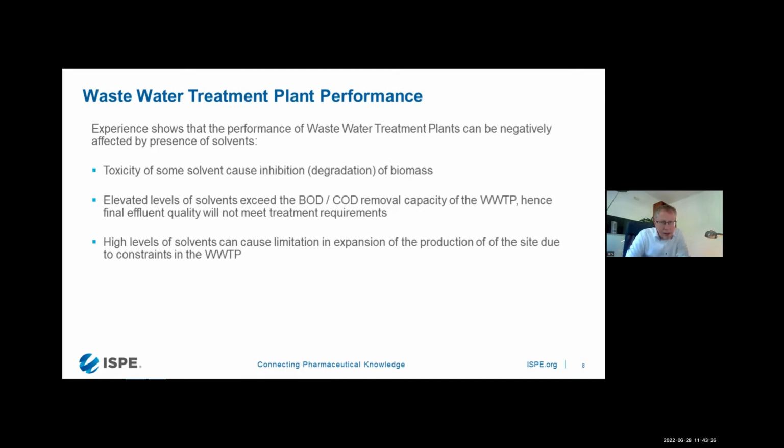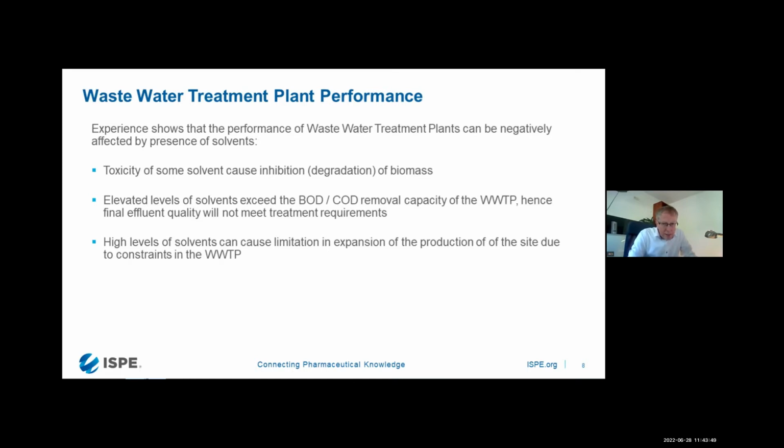And in most cases, this can be related to the presence of solvents. So in some cases, the solvent is simply toxic to the biomass, because these wastewater treatment plants often have a biotreater as a means to reduce the biological oxygen demand.